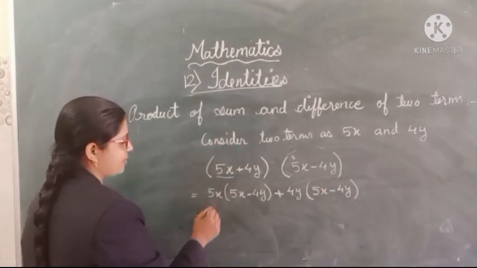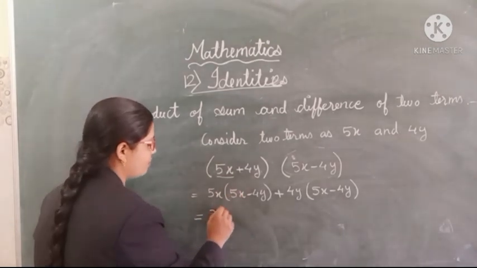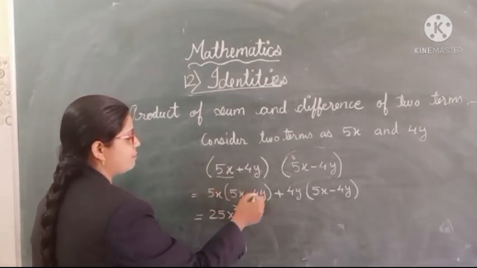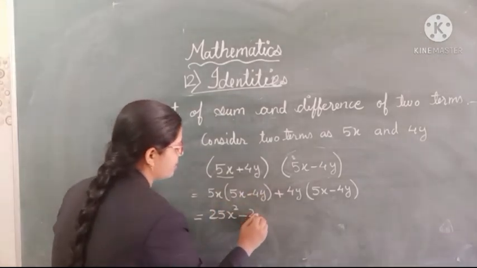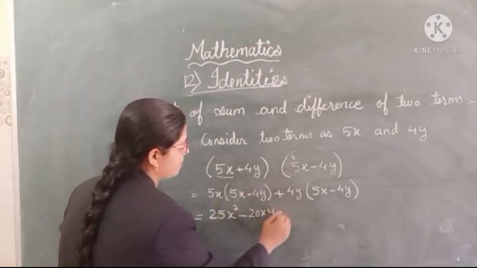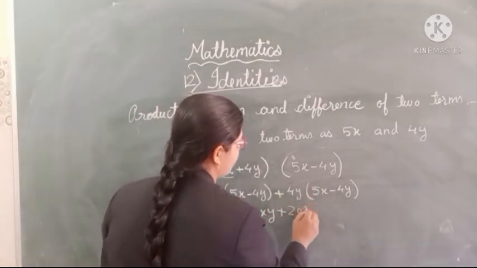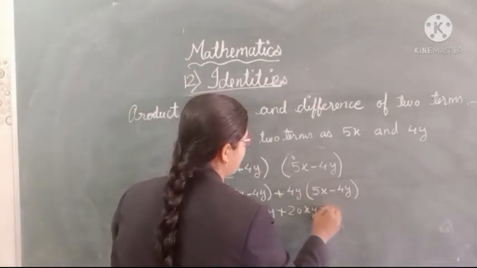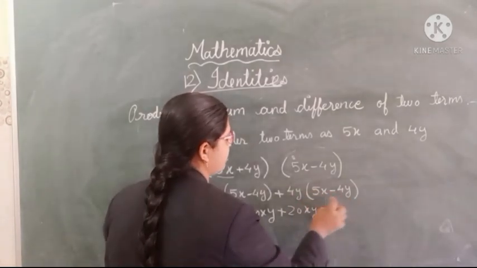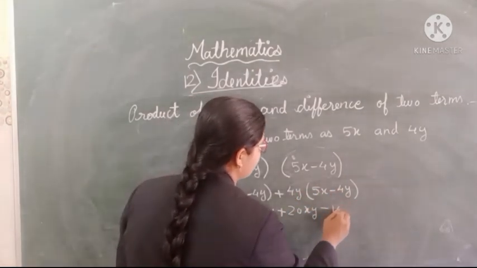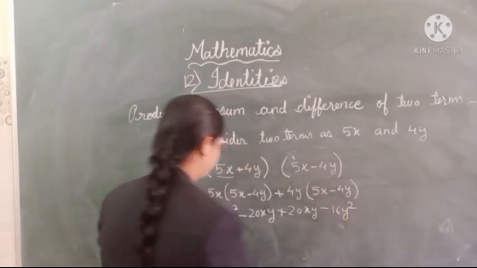Now here 5 fives are 25x square. 5 fours are 20xy, plus 4 fives are 20xy, minus 4y into 4y, it will be 16y square.